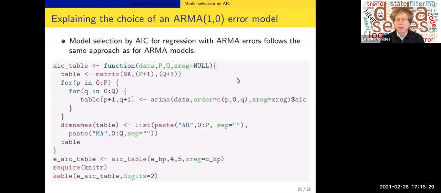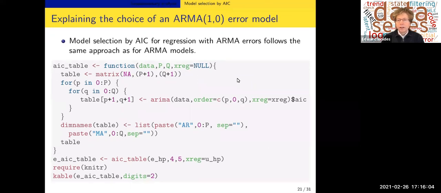So now we're going to go and check a few of the assumptions that went into the main analysis that we showed you before. Like, I didn't justify why I'd used an ARMA(1,0) error model rather than some other model. And so let's go check that. We can do our AIC table for regression with ARMA errors to see what that indicates. And here's the code.